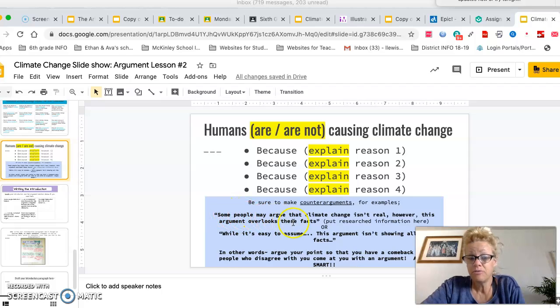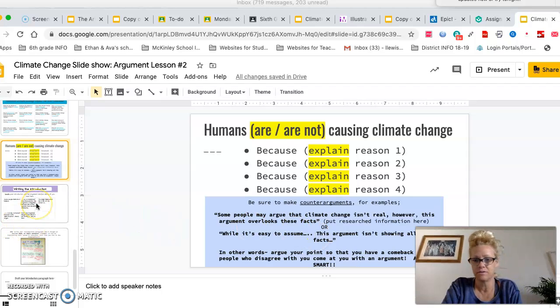Some people might argue that climate change isn't real. However, this argument overlooks these facts, and put information here. While it's easy to assume, blah, blah, blah, this argument isn't showing all the facts. So you're showing that, yeah, I understand there's another side to this argument, but here's why that's not an accurate side to think about.